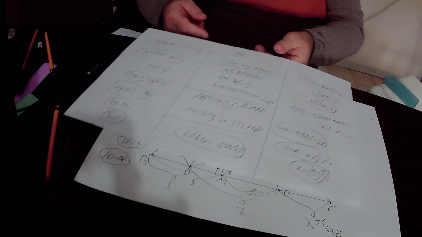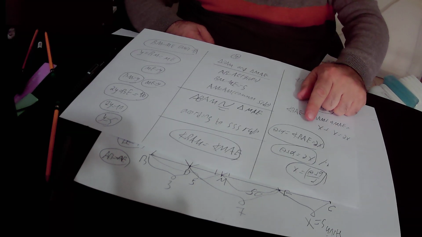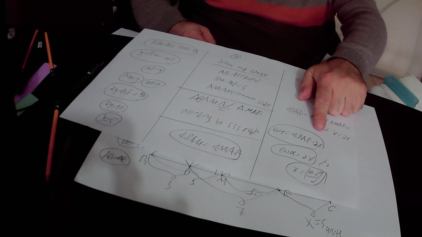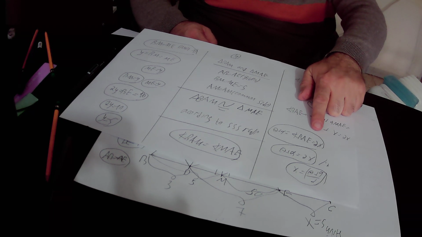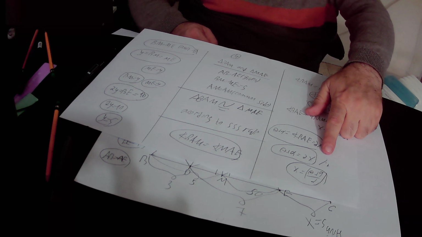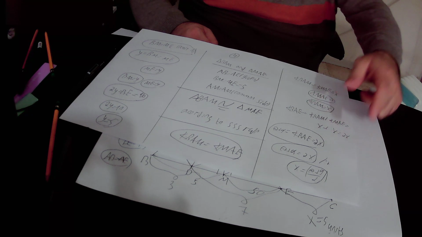So from one side angle BAE equals theta plus alpha, and from the other side it equals 2x. From this equation, theta plus alpha equals 2x. We divide this equation by 2, and we get that x equals (theta plus alpha) over 2.